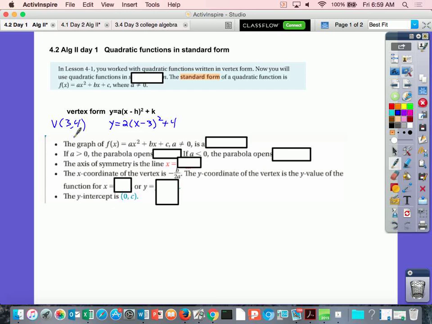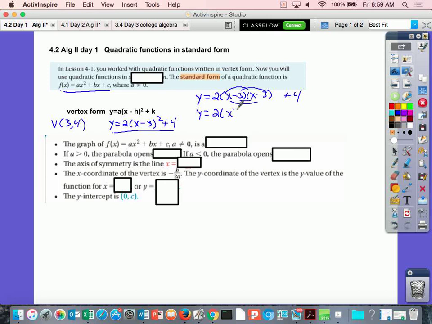So just so that you can see, and you won't have to do this today, but just so that you can see that this is in vertex form, and if something looks like this, it's in standard form. I'm going to work this out. I'm going to simplify this work here. So this would be 2(x minus 3)(x minus 3) plus 4. I squared the x minus 3. Okay, I'm going to FOIL this.